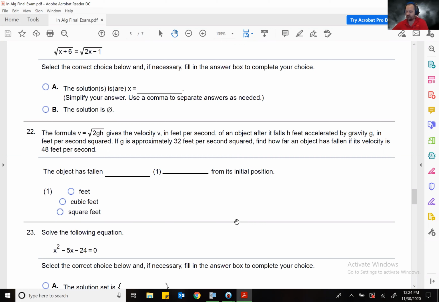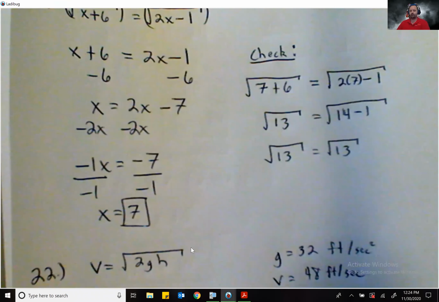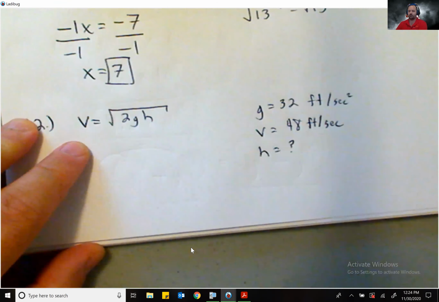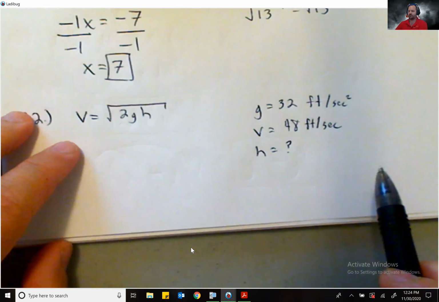Just writing some stuff down. So here's what we know. We've got this equation, and this is what they're after. So what are we going to do with these numbers 32 and 48?